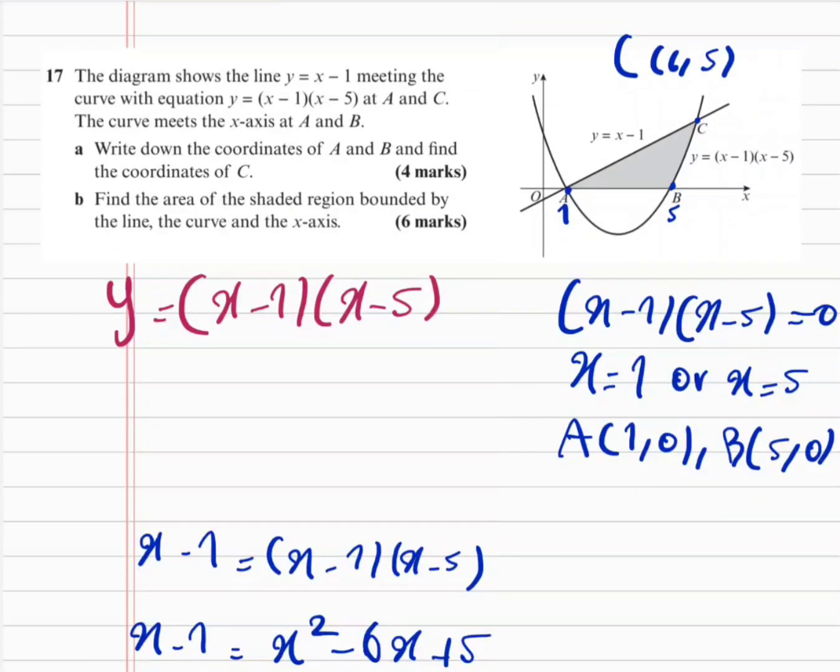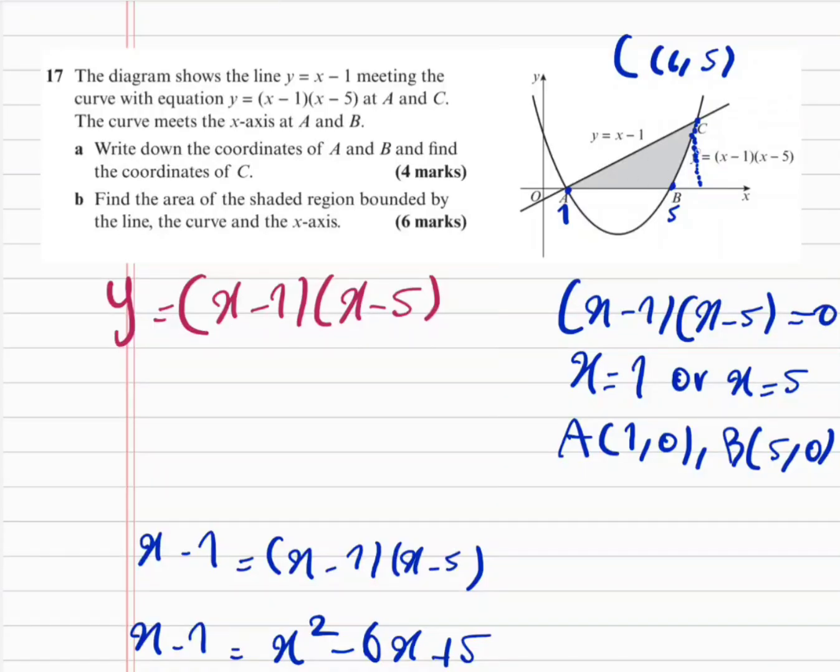Now in part B, we want to find the area of the shaded region bounded by the line, the curve, and the x-axis. Okay, so to find this area, we can use a simple trick. And that trick is that if we draw a perpendicular line from point C to the x-axis, as you can see, a triangle is going to be formed.